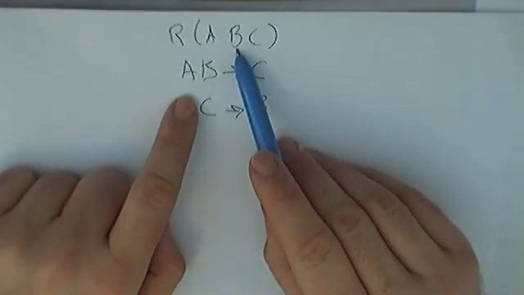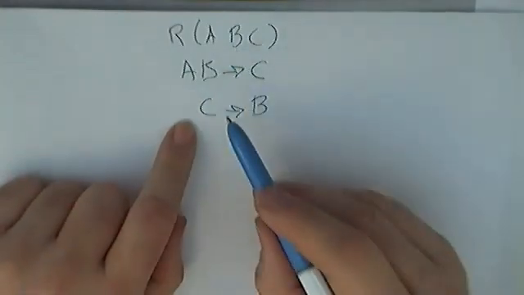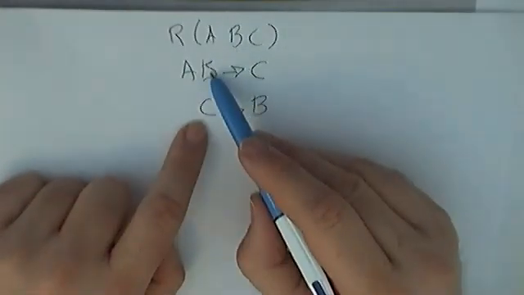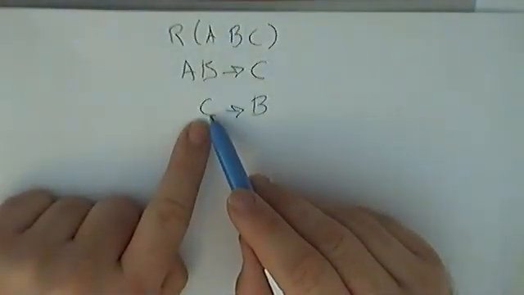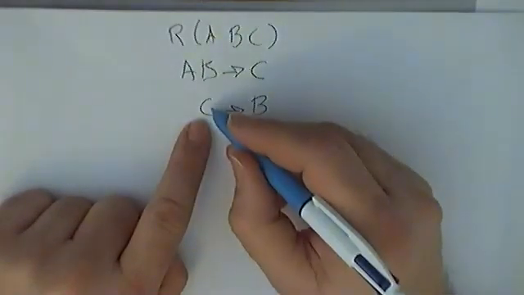Yes, good. That's fine, no problem. If it was just this, it's in BCNF. Now here, is C a superkey of this relation? No, it isn't. Therefore, we're going to have to split based on this.